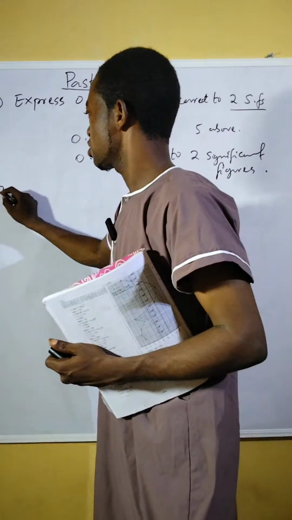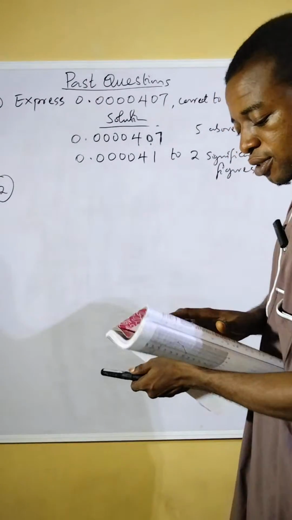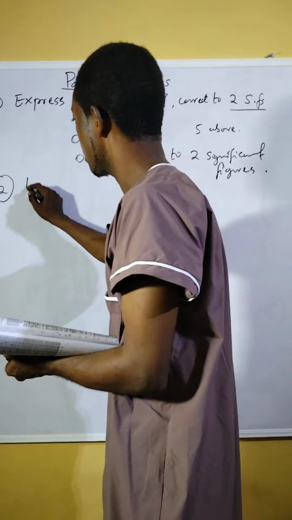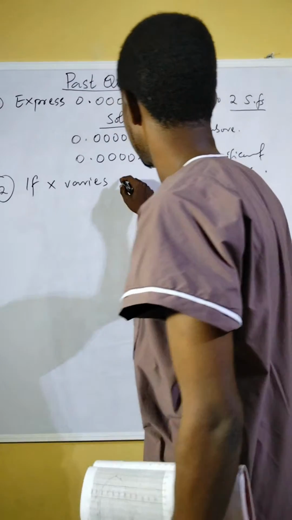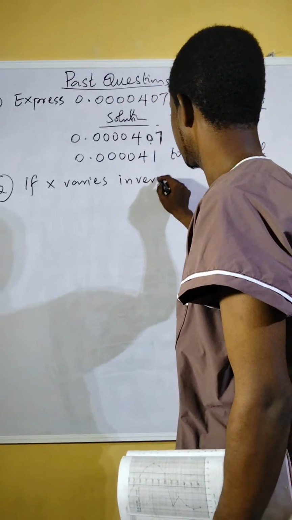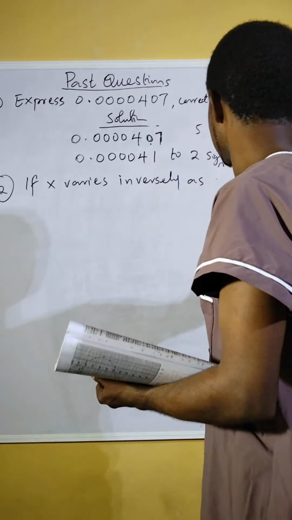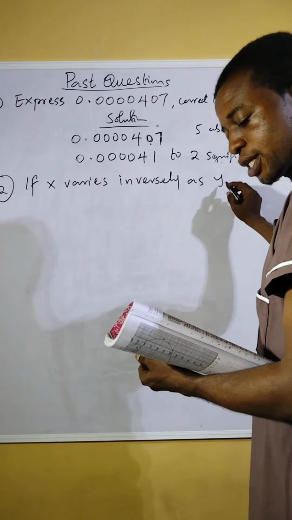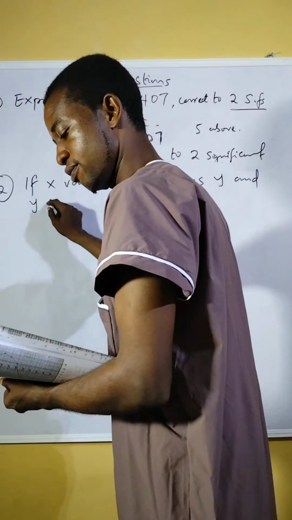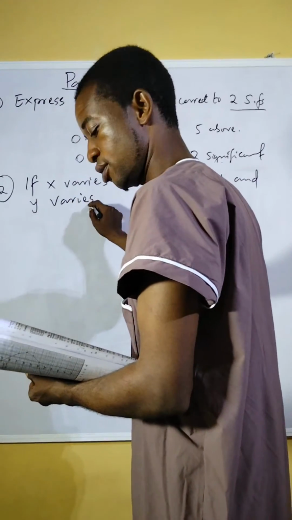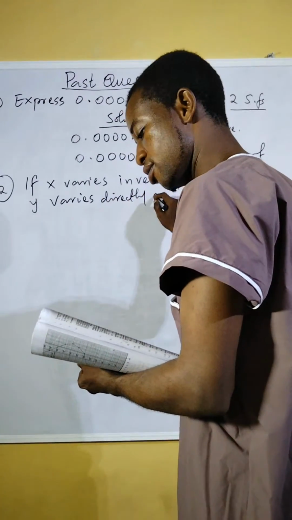Now let's look at the second question here. Number 2. It said, if x varies inversely as y, x varies inversely as y, and y varies directly as z.